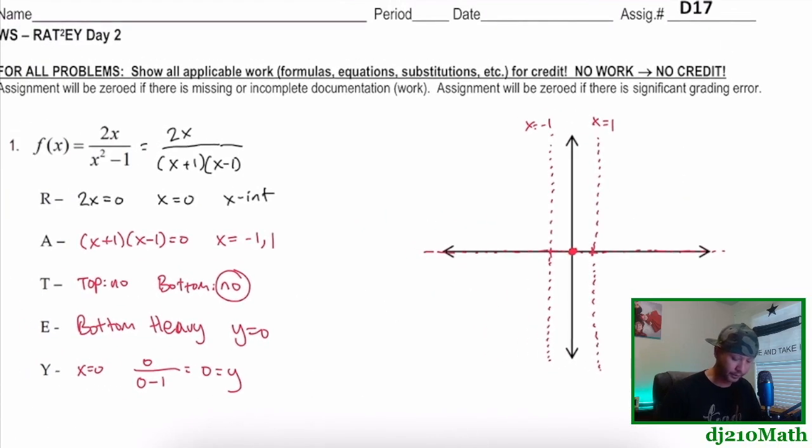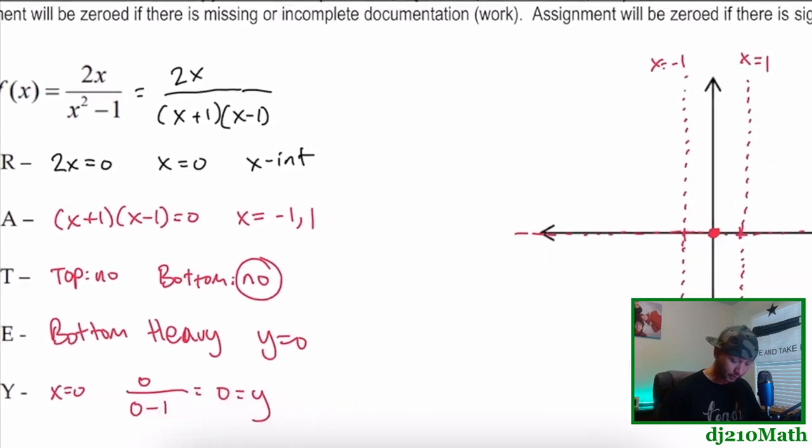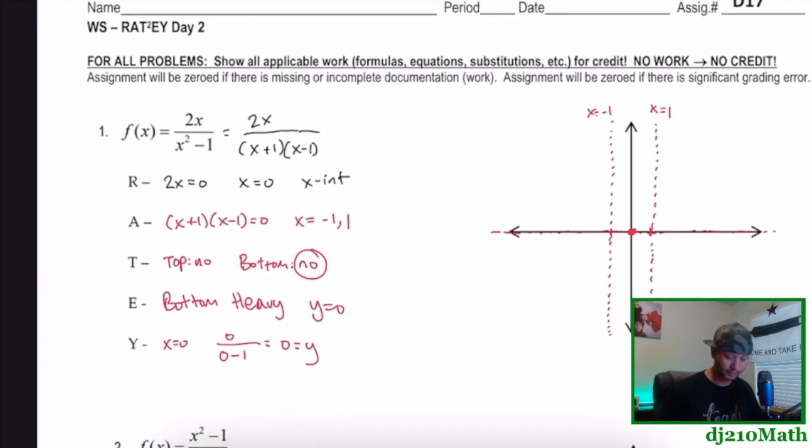All right, for a second, it felt like we had done this already. So we pick a number left or right of 0. So I'm going to pick 1/2. So when x is 1/2, we're going to get 2 times 1/2 over 1/2 squared minus 1.